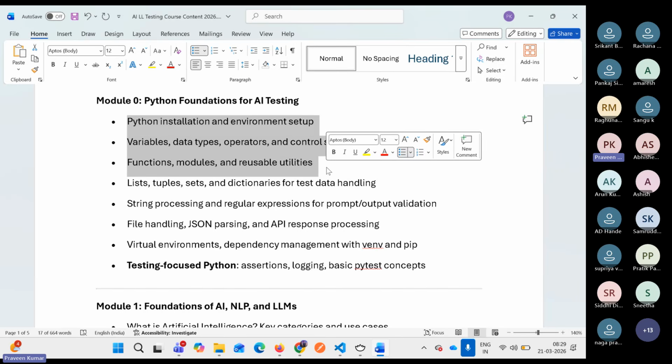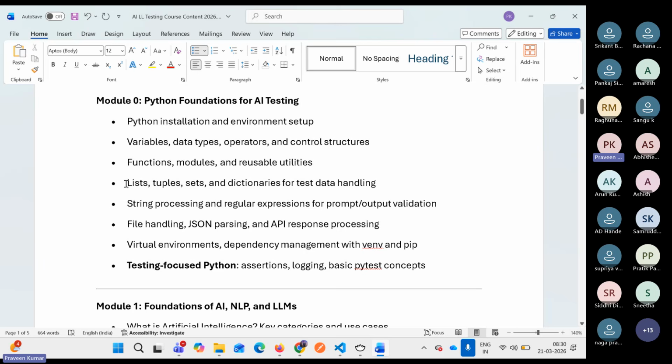In terms of AI testing, you'll be using very minimal Python, somewhere around 10% of the Python inside your test automation. Most of the things will go to the libraries that you will be using. But we also have to understand the basic things you might come across inside your test automation: list, tuple, set, dictionaries.